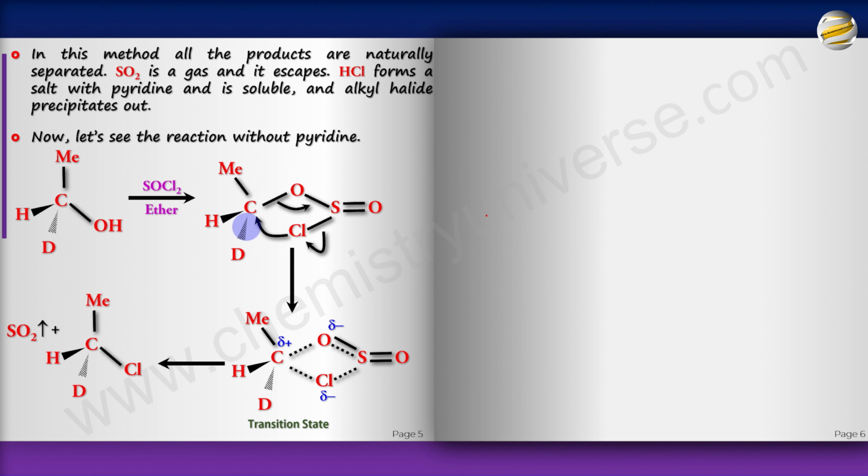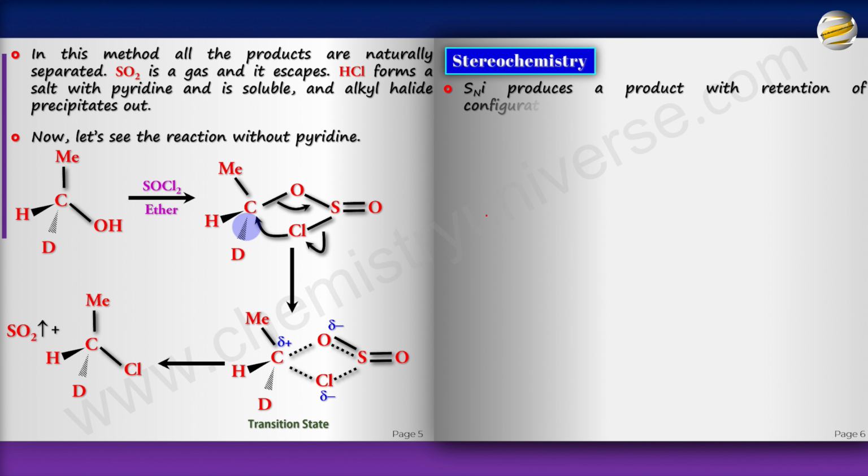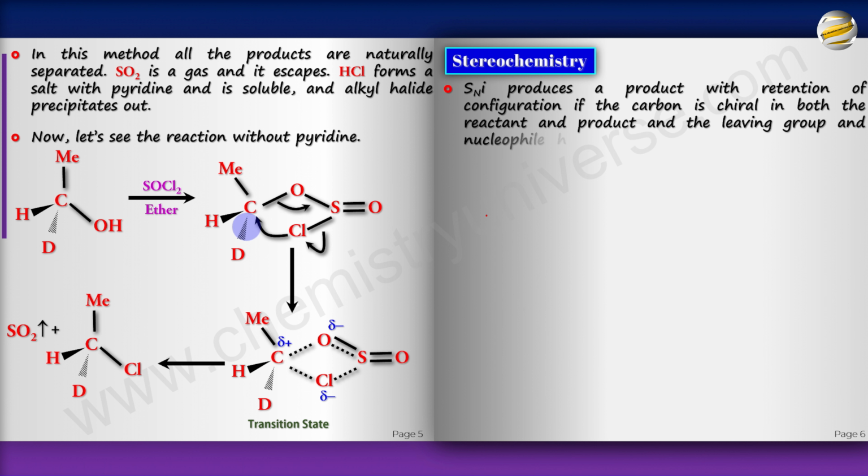So remember, in SNi we got retention of configuration. So stereochemistry, SNi produces a product with retention of configuration if the carbon is chiral in both the reactant and product, and the leaving group and nucleophile have the same priority on the chiral carbon.